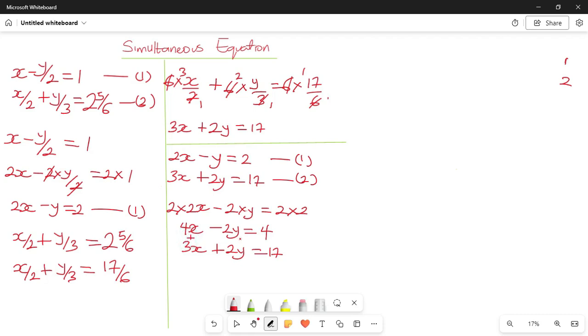So that is going to give us 4x plus 3x, minus 2y plus 2y equals 4 plus 17.